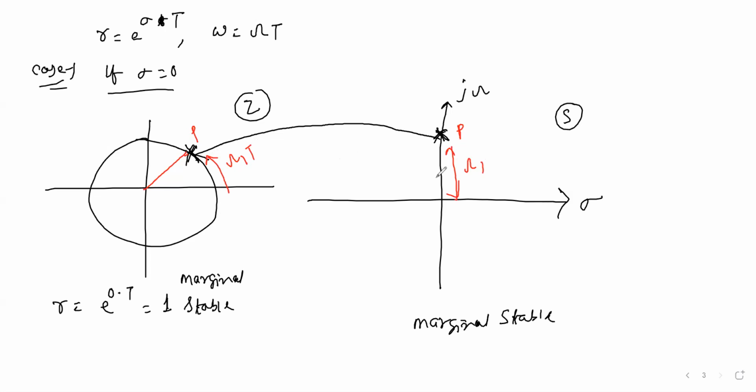Similarly, we can say that one pole here will map somewhere here. Angle 0.